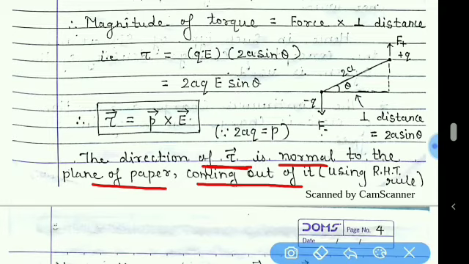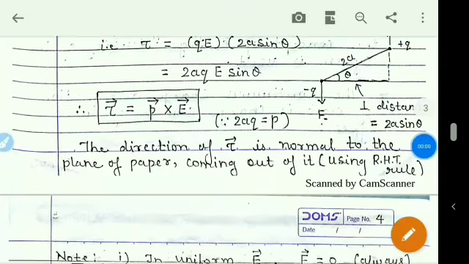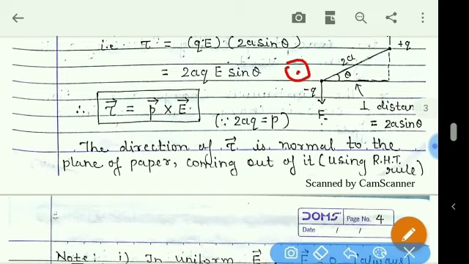This dipole will rotate in this way, and you can use the right hand thumb rule. So its direction can be given as a dot because it is coming out of the plane of the paper.